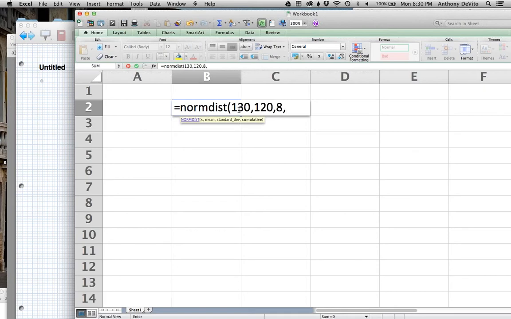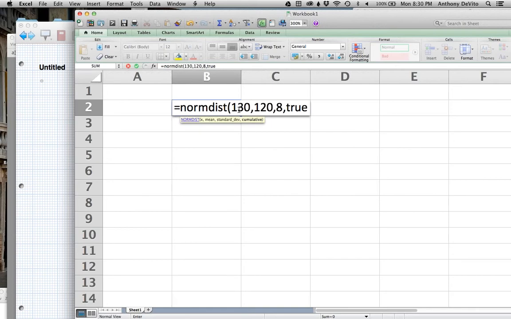For true, what this is going to return, I'm going to give it away, this is a spoiler, is the area from that point to the left down. If you imagine it as a table, it's giving you the area from whatever that z-score is to the left, always. We're going to put in true here because we want that area from there down.